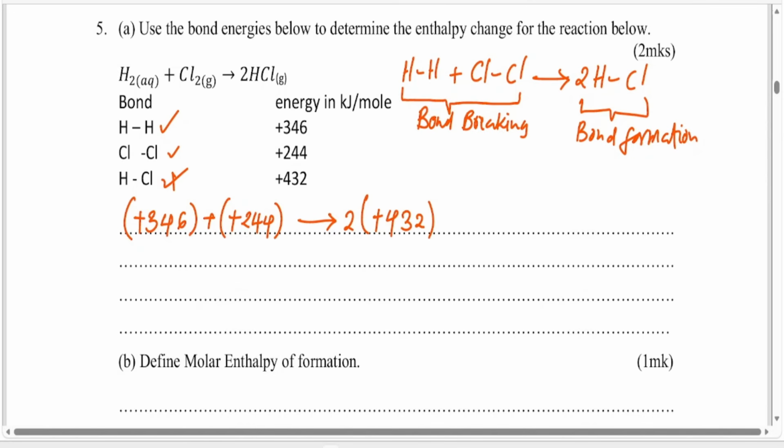So when we do the summation, we are going to have positive 590, and this is going to give us positive 864. So we need to understand that enthalpy change is given by bond breaking plus bond formation.